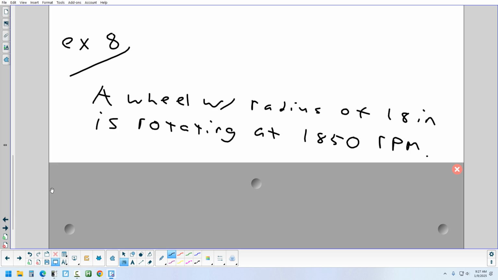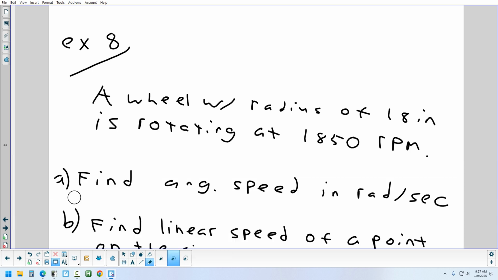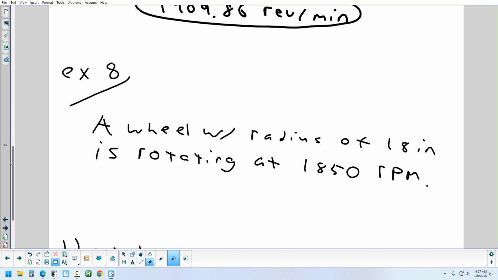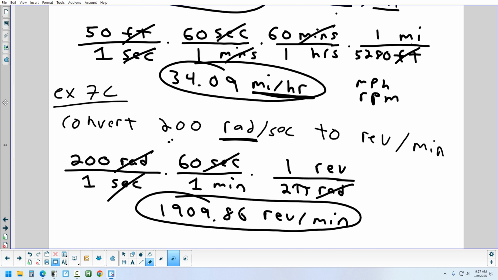So it's 1,850 revolutions per minute. Part A is doing what we just did in the last problem in reverse. It's taking a speed in RPMs and changing it back to radians per second.